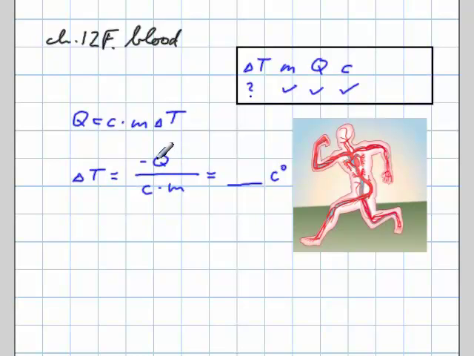So Q is negative 2000, so we come up with a negative temperature difference, and then we add to that the original 37.0 Celsius degrees, and as we do that, we come up with plus something, in Celsius degrees as well. And I can just tell you it's a little bit less than 1 degree Celsius.